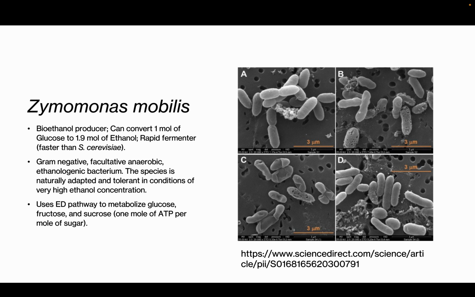They're very alcohol loving. Zymomonas mobilis uses the ED pathway to metabolize glucose, fructose, and sucrose, and in general, 1 mole of ATP is produced per mole of sugar.